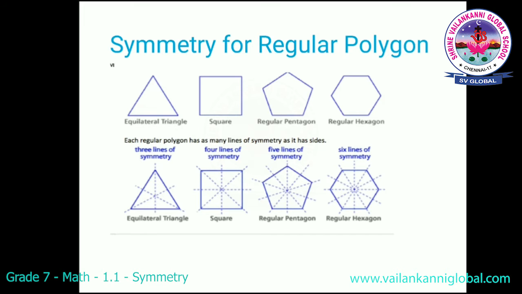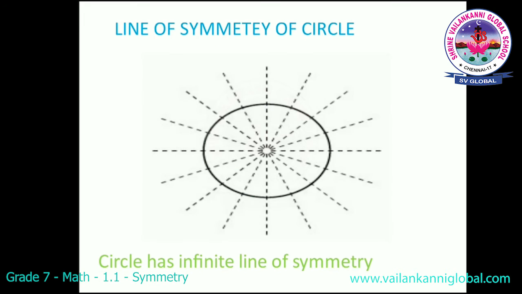Then what are the lines of symmetry of a circle? A circle has no sides, so it has infinite lines of symmetry, uncountable lines of symmetry.